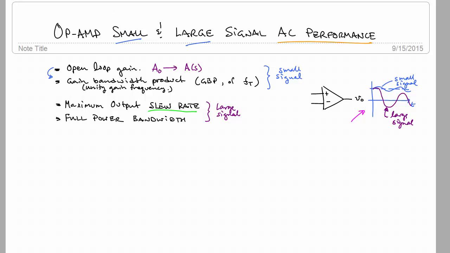A large signal is one where that is not true, and so here's an example of a large signal waveform. You cannot say that it's operating around any single operating point. It's spanning perhaps a significant portion of the full scale output range that an op-amp can actually operate over.